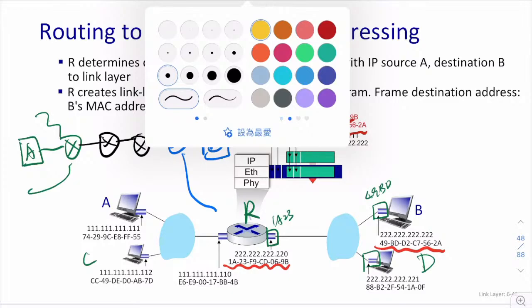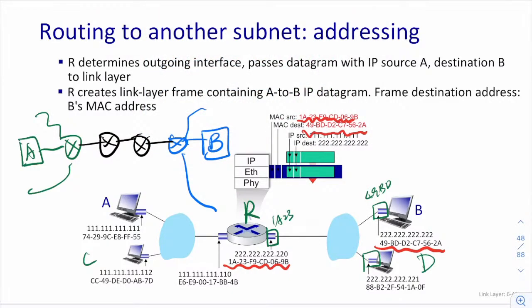Make sure you understand one thing, that when we talk about subnets, that is a subnet, that is a subnet, that is a subnet, and that is another subnet. Okay, so every time we pass the frame from one interface card to another interface card, it is good enough to use the ARP protocol to know exactly the MAC address of the source and destination, right?